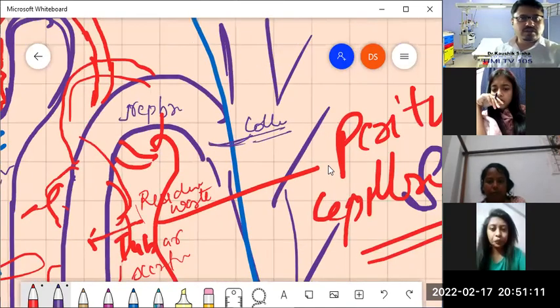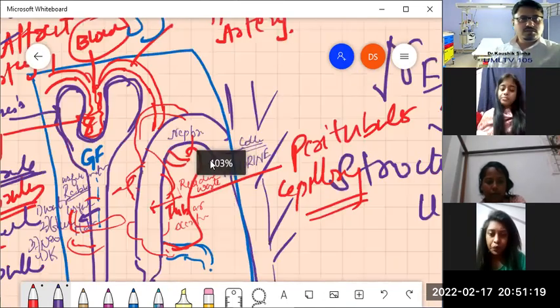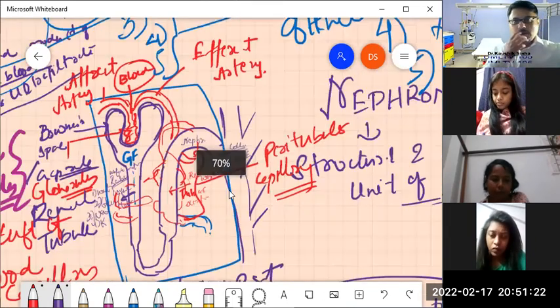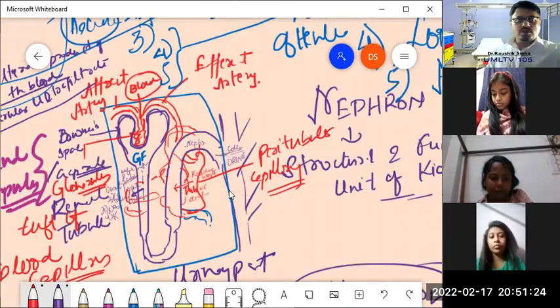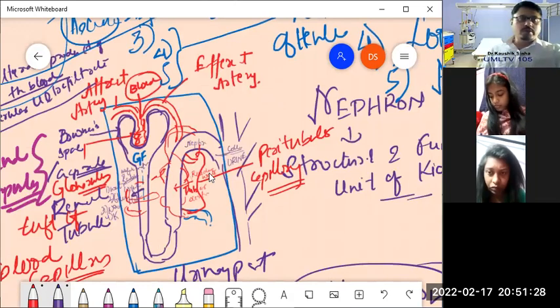Understood? So whatever is collected here is the urine. Okay. So this briefly describes the physiological aspects of the urine formation. Very briefly though.